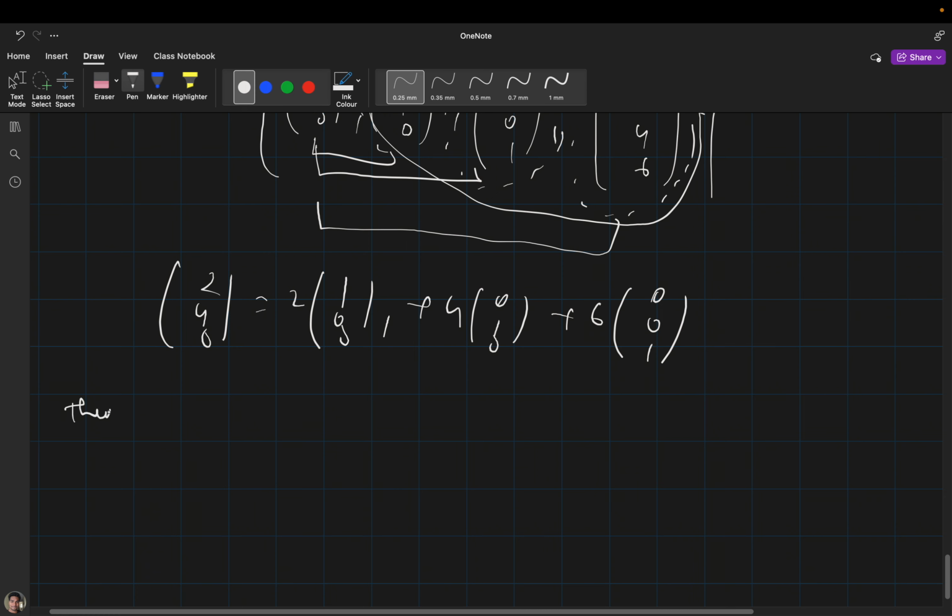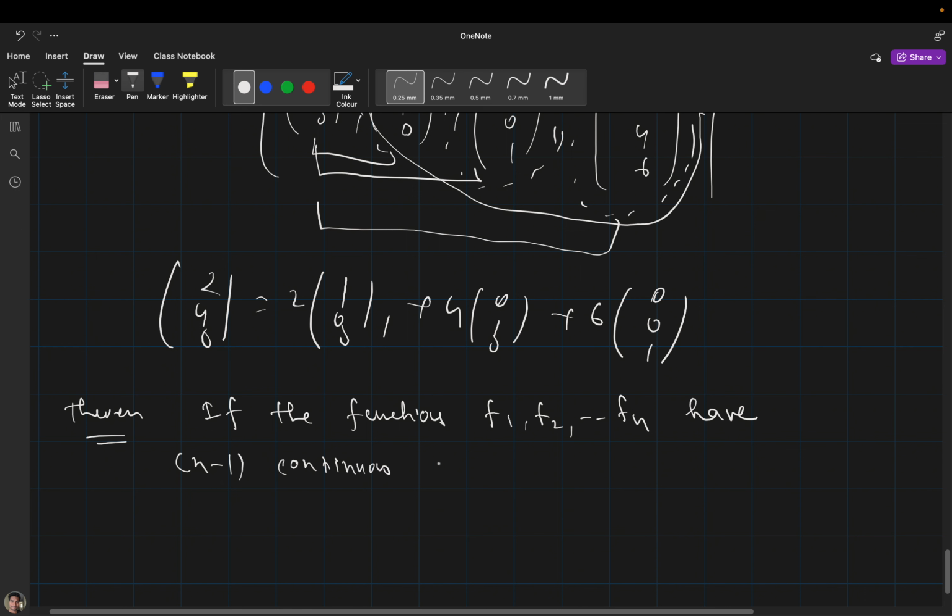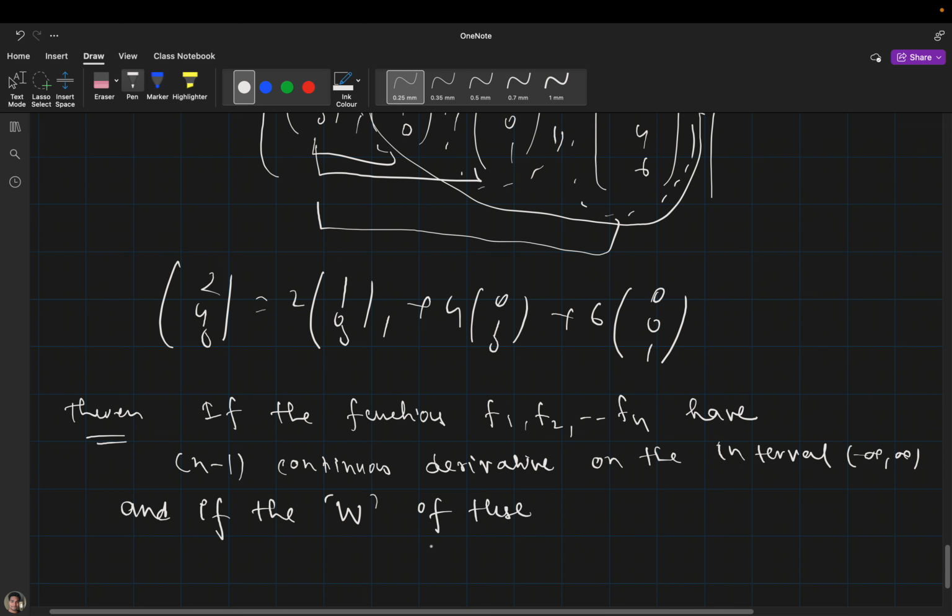Suppose the functions f1, f2, ..., fn have n minus 1 continuous derivatives, or you can say they are n minus 1 times differentiable, on the interval minus infinity to infinity, and if the Wronskian, have you heard about the word Wronskian? No, sir. I will talk about it in differential equations.